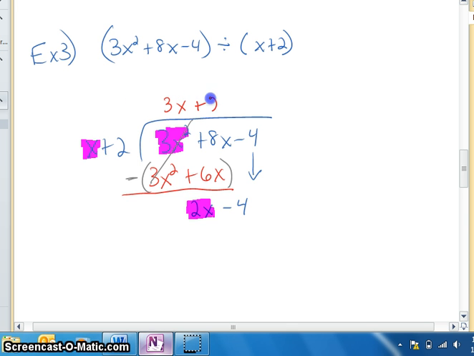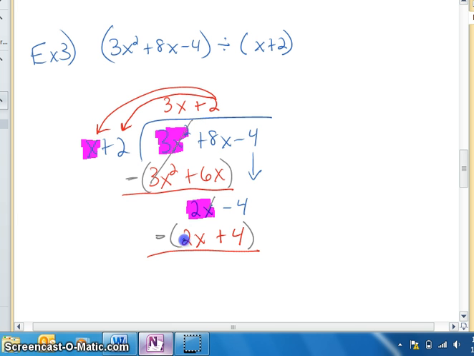That would be plus 2. So then I take 2 times x, 2 times 2, so that's 2x plus 4. Remember, you have to subtract these. So 2x minus 2x, those are gone. Negative 4 minus 4 would be negative 8. So my remainder is negative 8 over x plus 2.